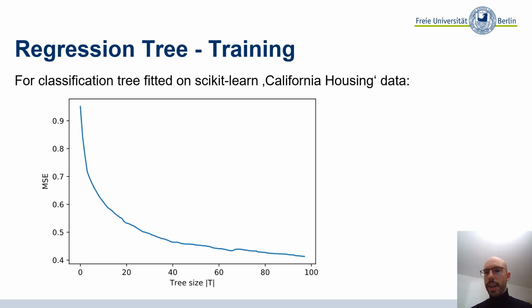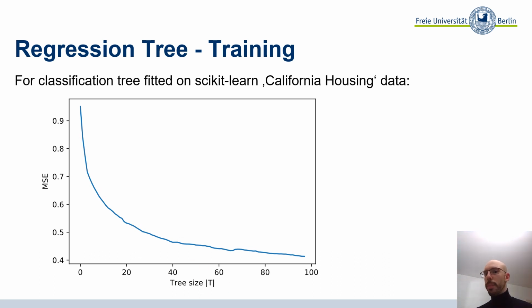So again, here an example to visualize the problem. For this example, I just fitted classification trees on the scikit-learn California housing dataset, and I just tried out different maximum numbers of nodes for the trees. And as you can see, the mean squared error for these trees decreases exponentially with the tree size t.